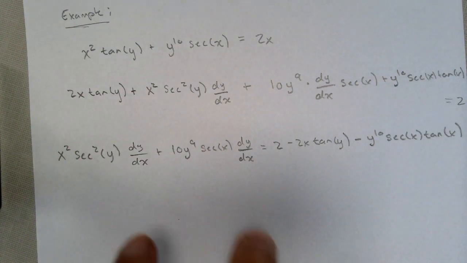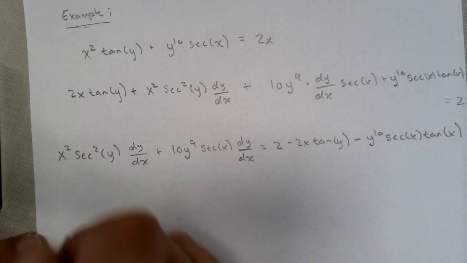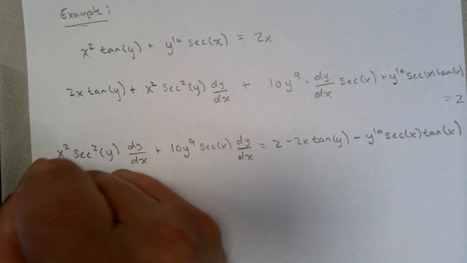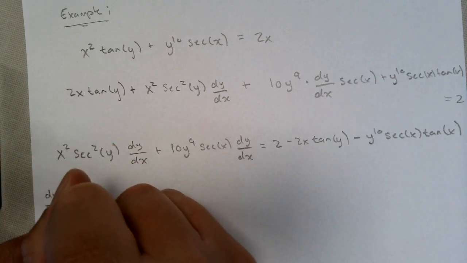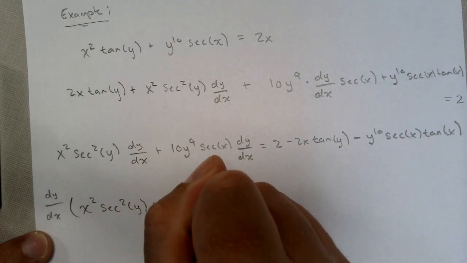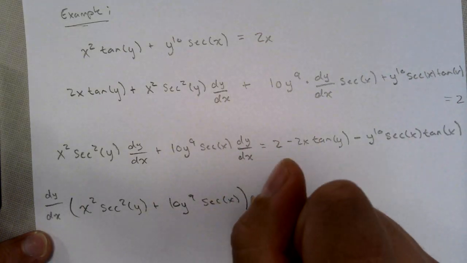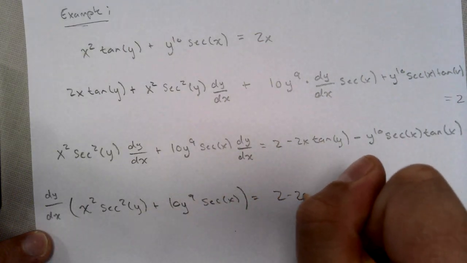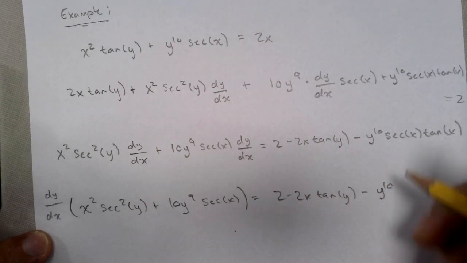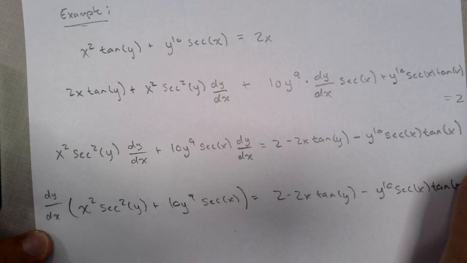Now that we have our terms of dy dx on the left-hand side, we can factor out a dy dx. x squared secant squared y plus 10y to the 9th power times secant x is equal to 2 minus 2x tangent y minus y to the 10th power secant x tangent x.